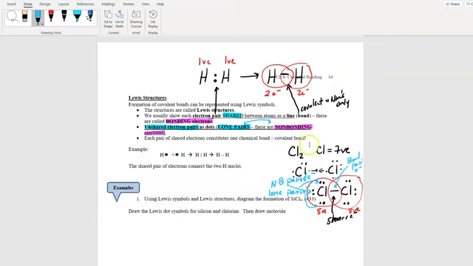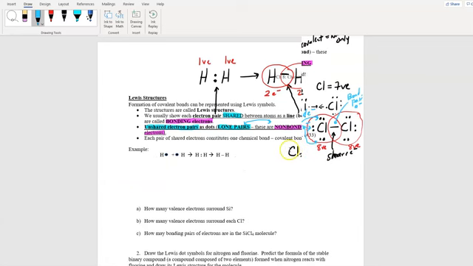Let's say you're going to show me how to draw silicon tetrachloride. Now remember, with this name, you're talking about non-metals bonded with non-metals. So now we name those prefixes for any of those that have more than one atom. So we got tetra and chloride.